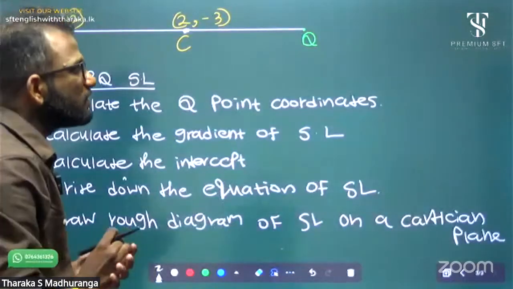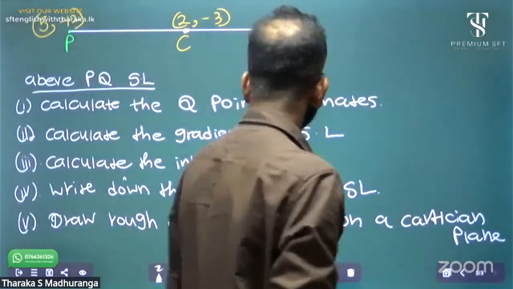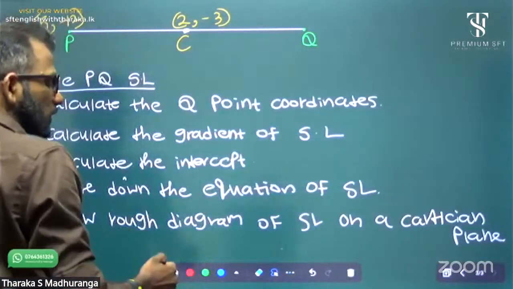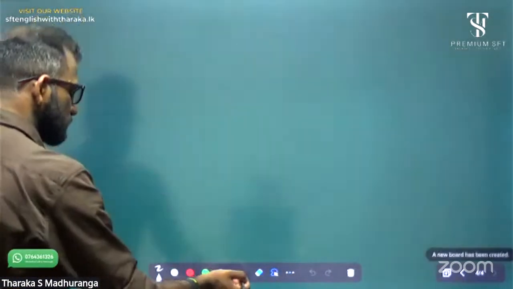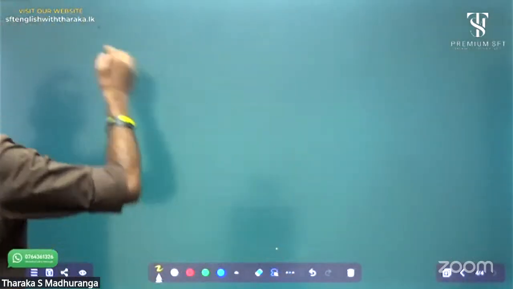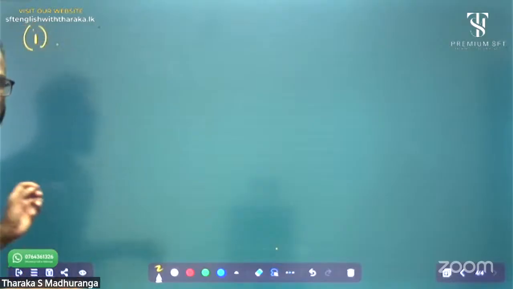You want to calculate the Q point coordinates. How to calculate? Okay, question part one. Can you tell me what are the Q point coordinates?